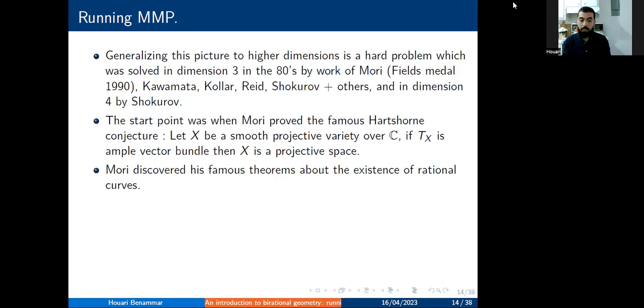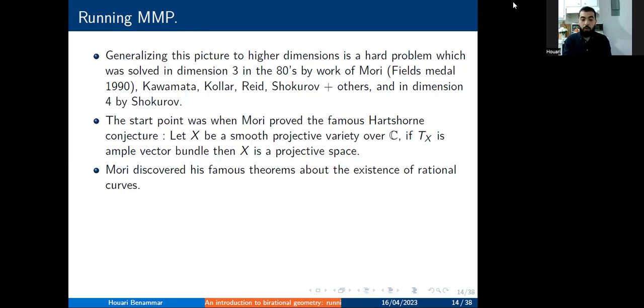Ample means exactly that we take the projectivization of this, and we take the tautological line bundle, O(1). If O(1) is ample, this by definition means T_X is ample. The tangent bundle is ample. So Mori proved this conjecture by his very well-known principle called the bend-and-break principle.